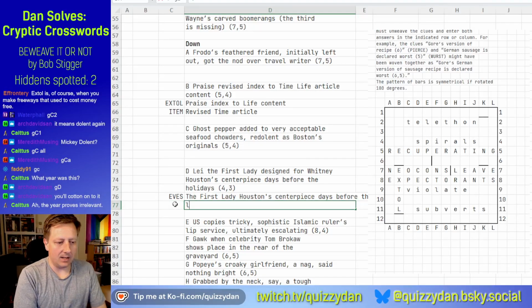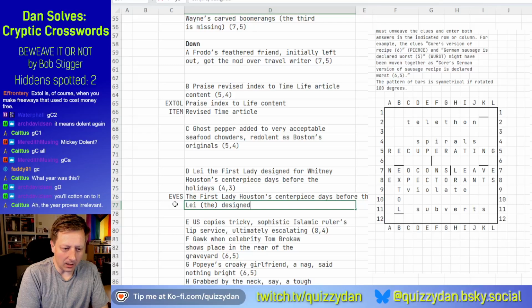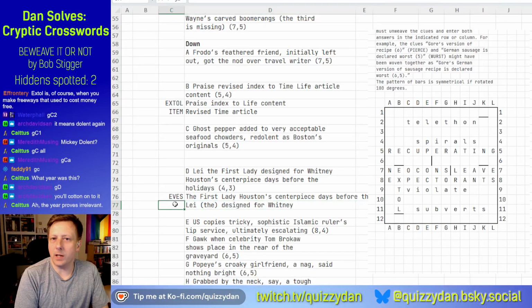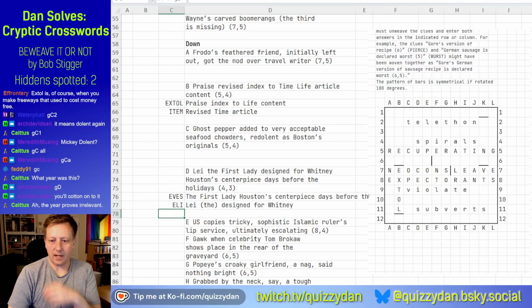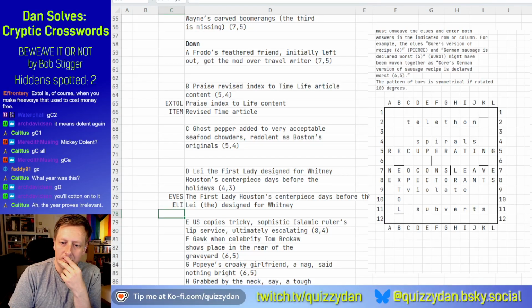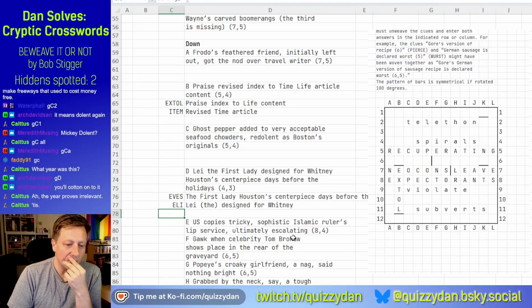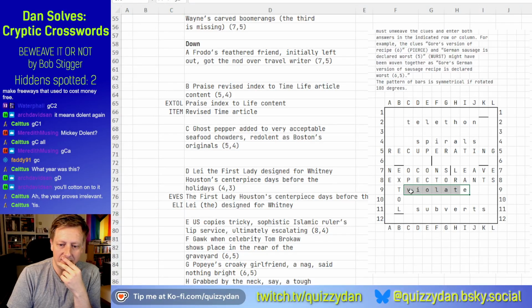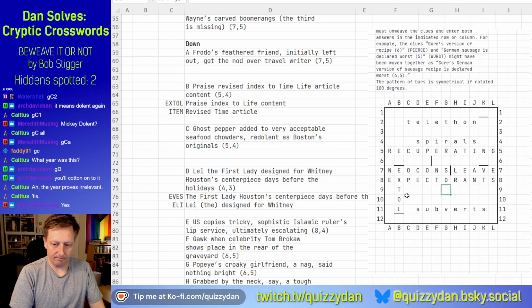So that leaves lay, possibly the designed. Oh, it's going to be Isle or Eli for Whitney. Is there an Eli Whitney? Because I can believe that. There is. Good. And I think that's now going to shove a lot of things in.